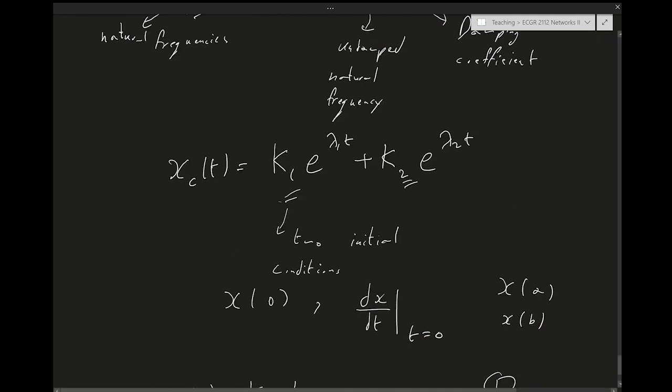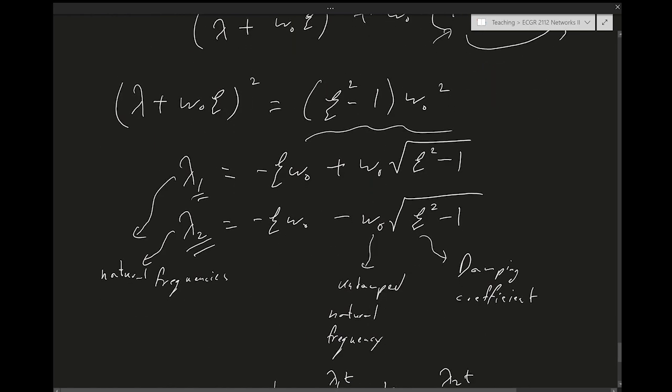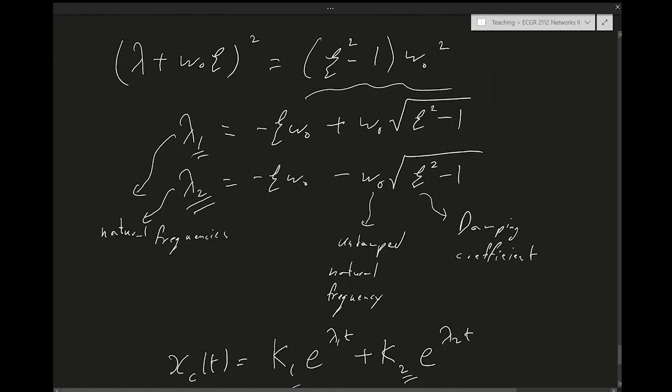Okay. Something is interesting here in the natural frequencies. Notice there's a square root and there's a damping ratio. The damping ratio depends on the characteristic equation, which again depends on the differential equation, right? But notice this value could be anything, right? Zeta. What happens? This is under square root minus 1.